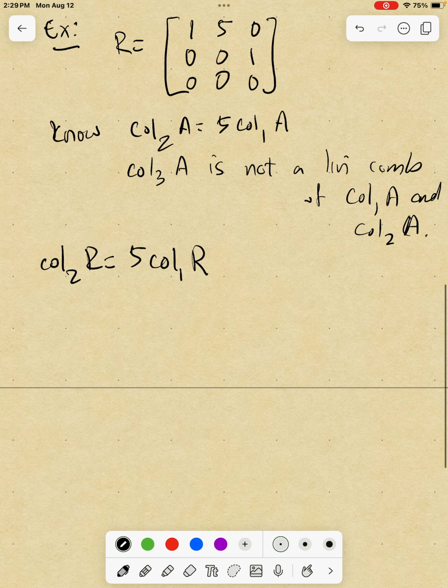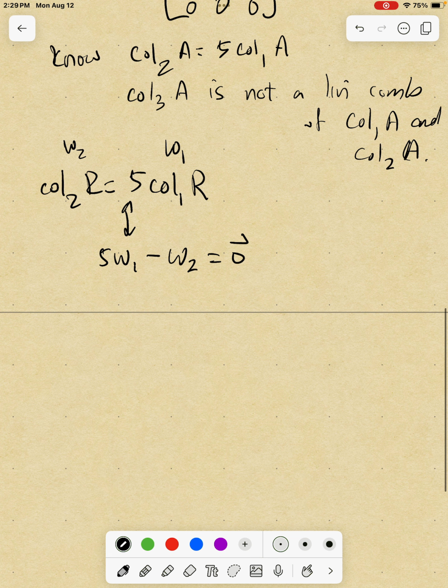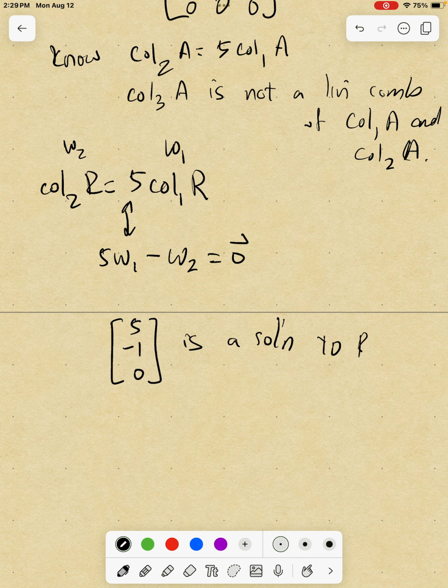Well, if column 2 of R is 5 times column 1 of R, so let's just call this W2 and W1, well, that's the same as 5 times W1 minus W2 is the 0 vector. Which means that 5, negative 1, 0 is a solution to Rx equals 0.